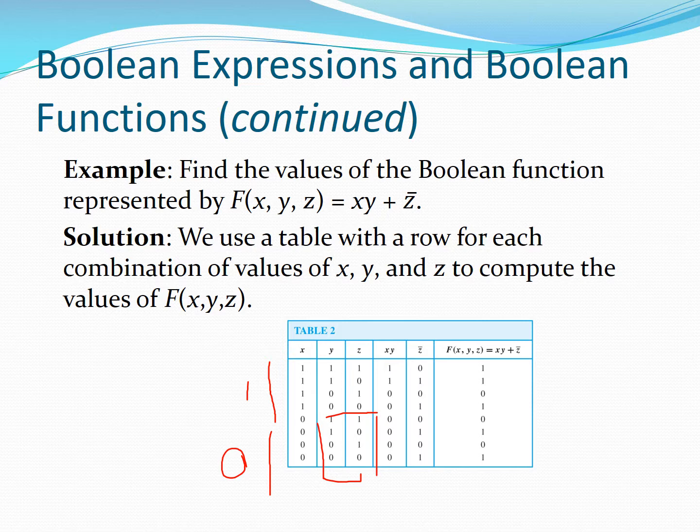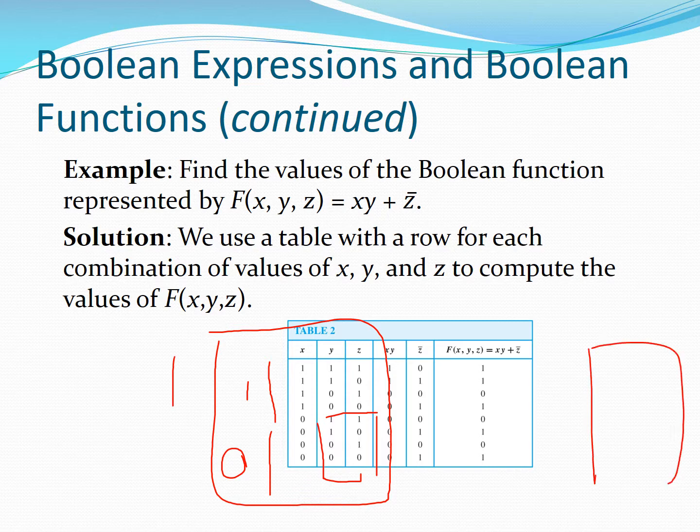Now, if it were 4 variables, what would happen? You're going to repeat this entire section twice, once with all ones in front of it, and then the repeated section with all zeros in front of it.